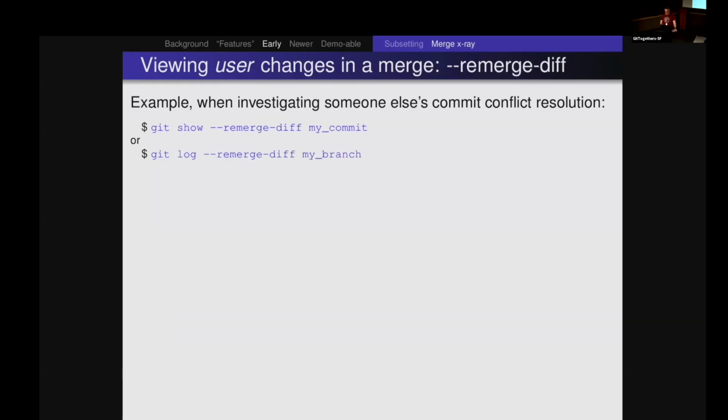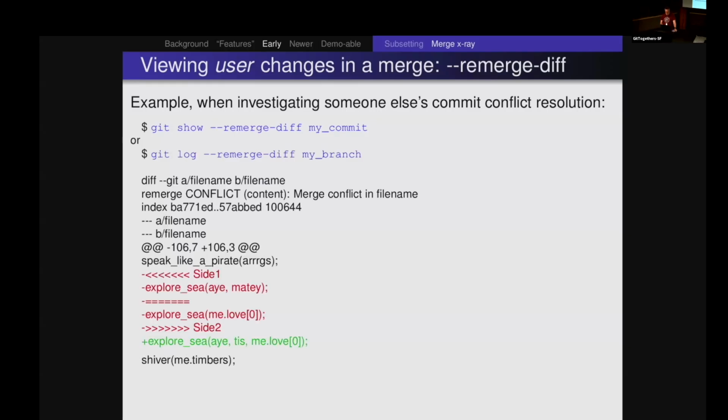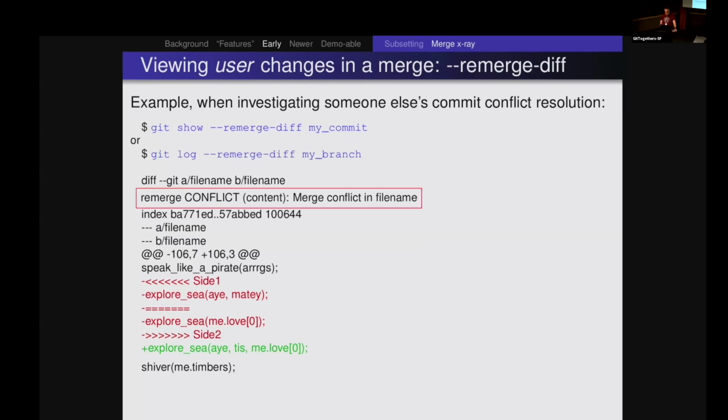And if you want to see someone else's conflict resolution, in addition to git log --remerge-diff, there's also a git show --remerge-diff. And you'd see very similar content. One little difference from the previous slide is that if you're in the middle of resolving the conflict, odds are you still have the git merge output, and so it could tell you about various conflicts that existed.